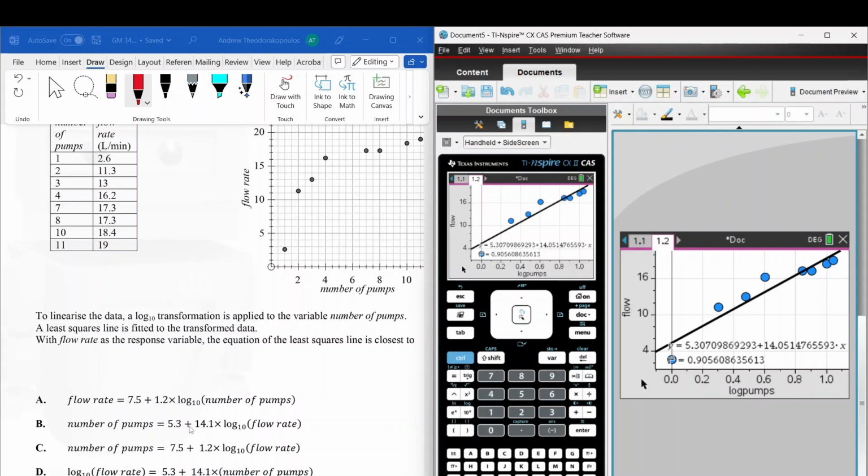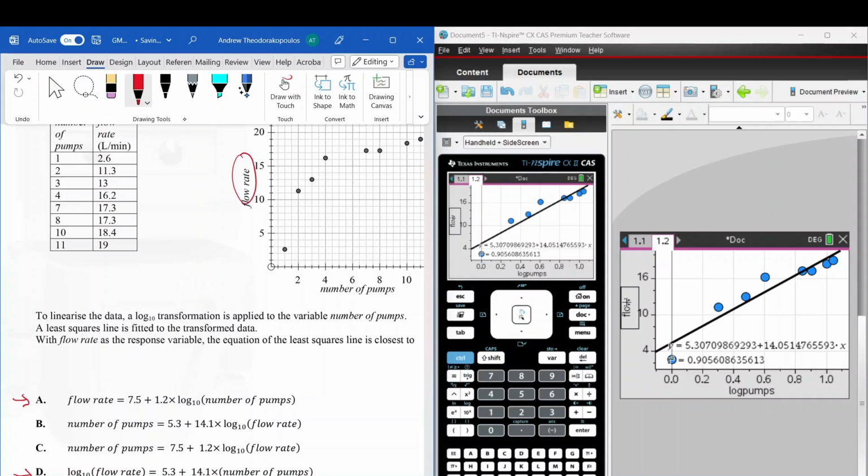We just need to be careful, though, that we don't select the wrong one. We know that the flow rate is the one that is on the response variable axis. So for flow rate, our possible options are this one, and this one, and this one.